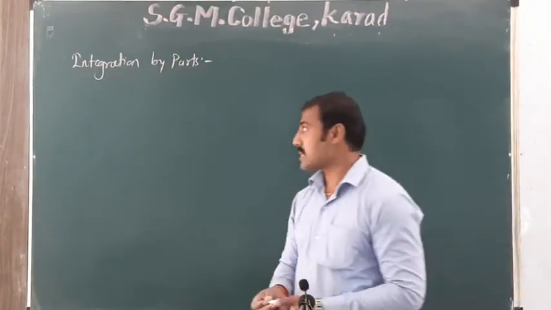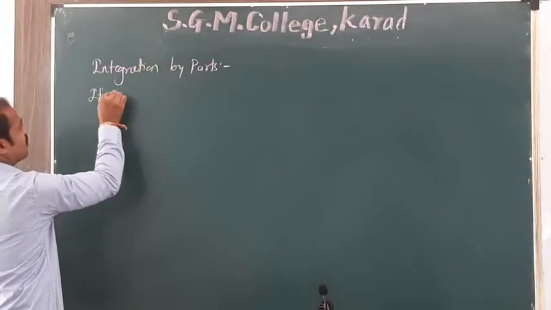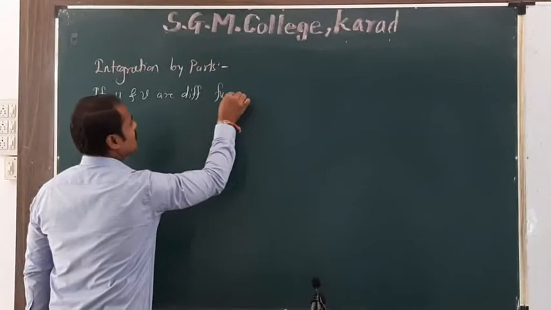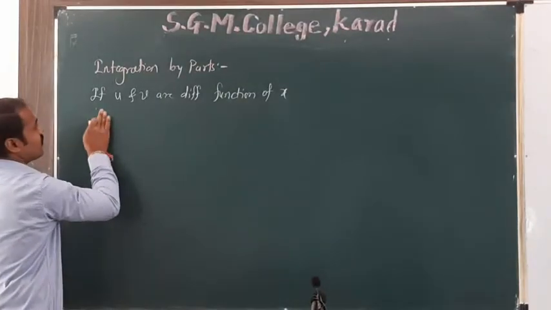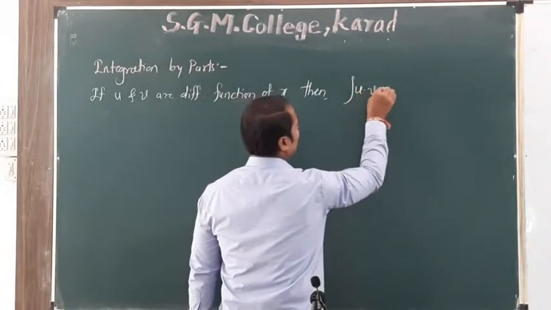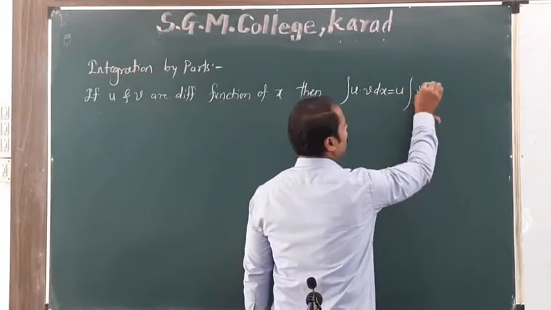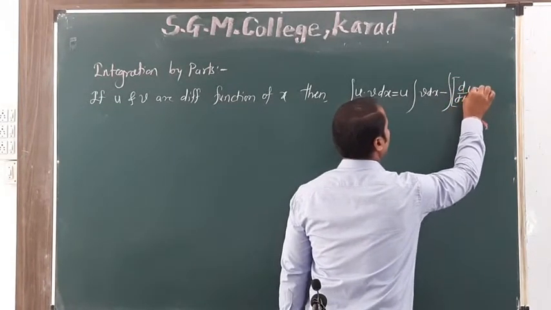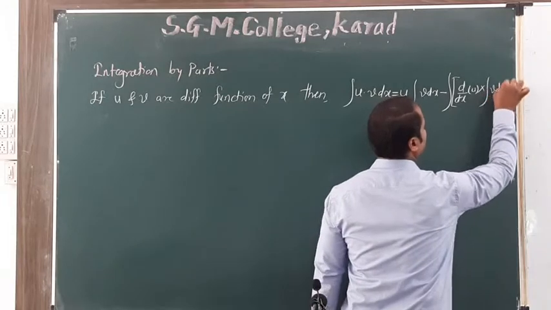The theorem says that if u and v are differentiable functions of x, then the integration of u into v dx is equal to, first as it is, u as it is, into integration of v dx, minus inside the integration, d dx of first, that is d dx of u, into integration of second, v dx.